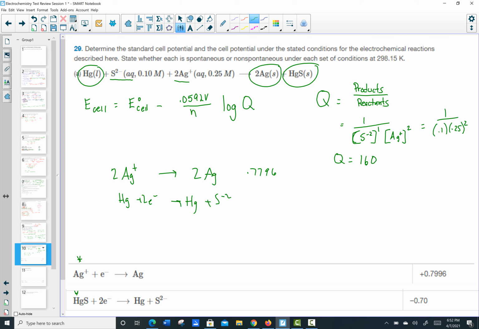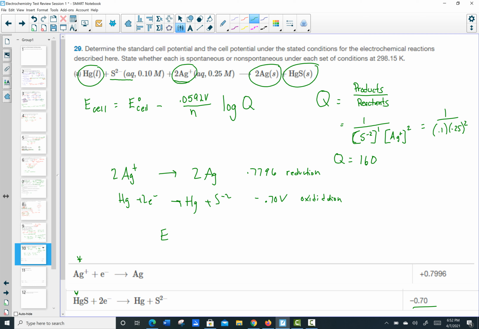And that, of course, was given to us as a negative value, about negative 0.70. I know that silver in this equation is being reduced. Silver starts as a +1 and goes to a 0. Since silver is the more positive number, we know that this is going to be the reduction half reaction. And the less positive number is always going to be the oxidation when the reaction is spontaneous.